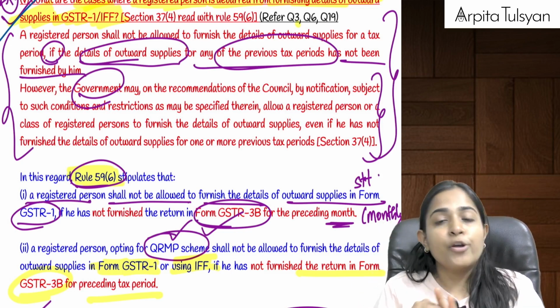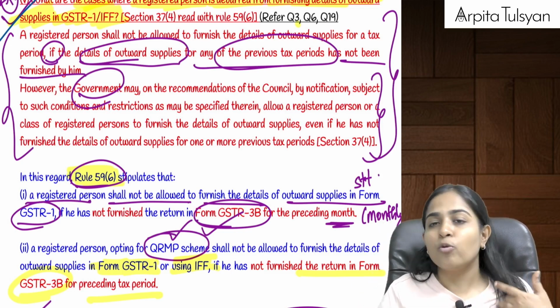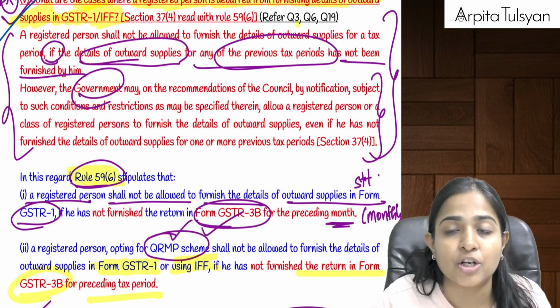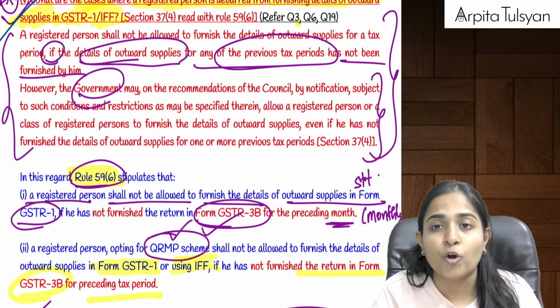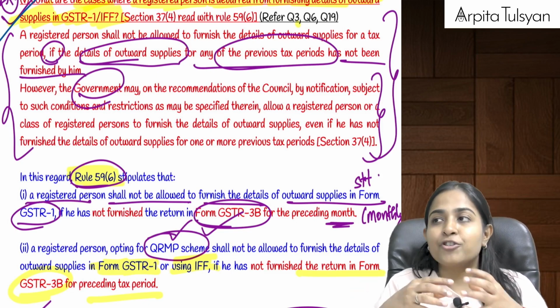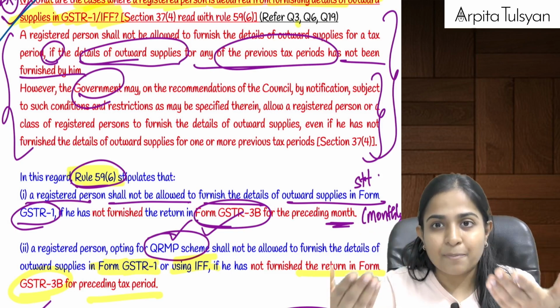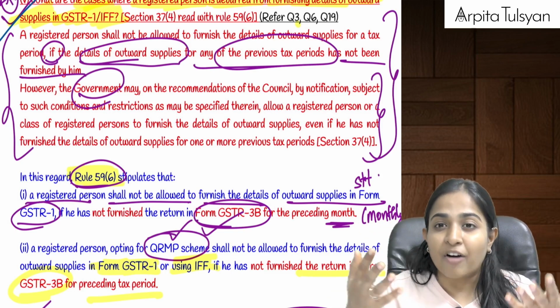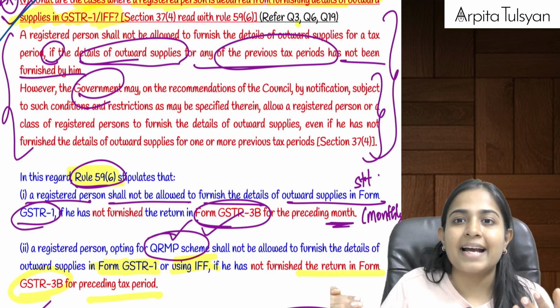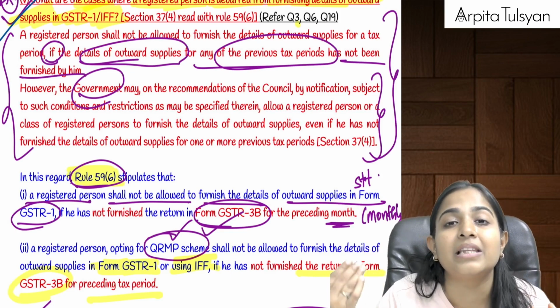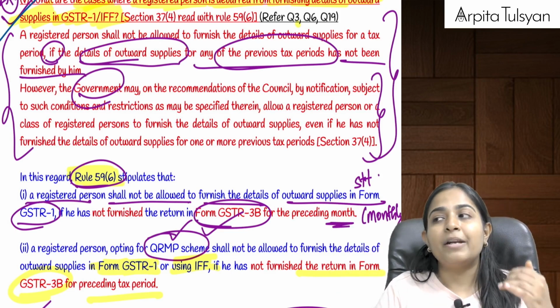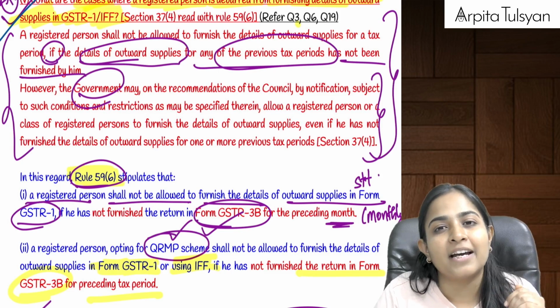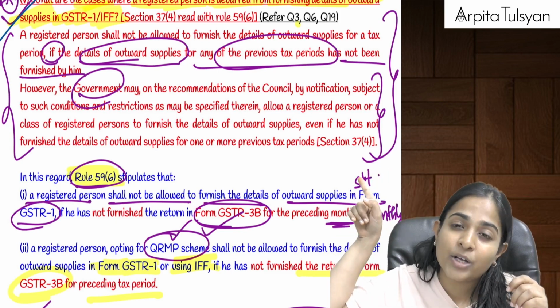Ma'am, what do you mean by rule number 88C? In rule number 88C, a notification or an intimation is served on you if you have shown more tax payable as per GSTR 1, but less tax payable in your GSTR 3B. What will happen if you show more tax payable in your GSTR 1? Can we say more credit will be given to the other person?